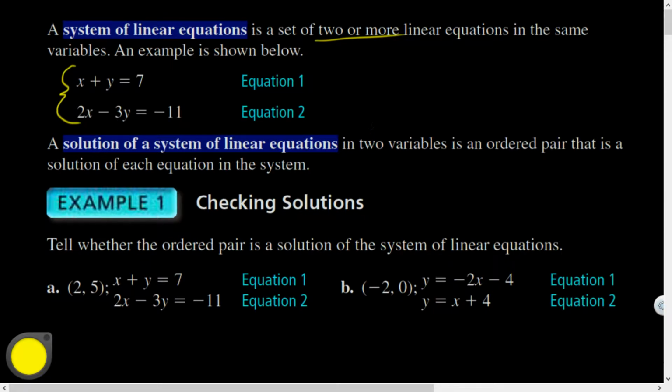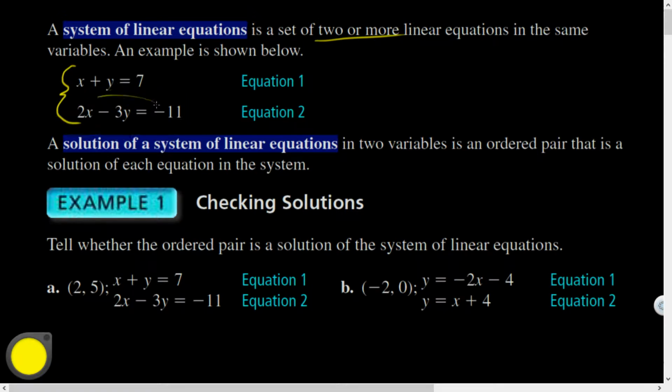Now, guys, I don't know if you remember this. A solution of one equation was when the x and y made that equation true. Question, friends, how many values of x and y make this equation true? Infinitely many. This equation represents a line. How many points are on a line? Infinitely many.